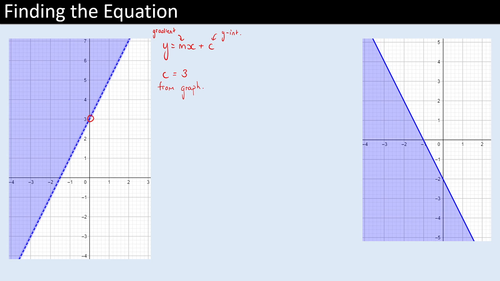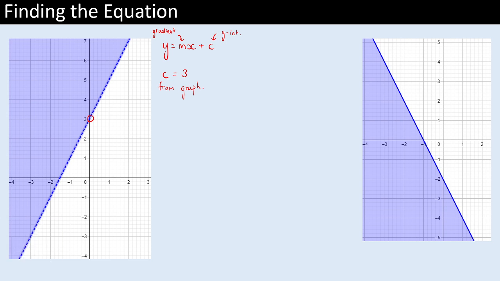The gradient, however, I'm going to need to be a little bit more careful for. Now remember our gradient: change in y divided by change in x, or for every 1 unit we go across, how much do we go up? Looking at this, I can actually see this quite nicely.